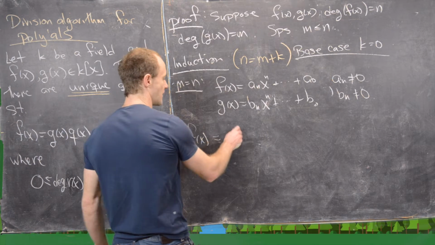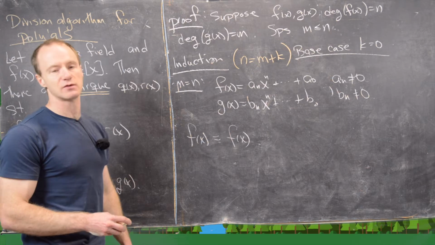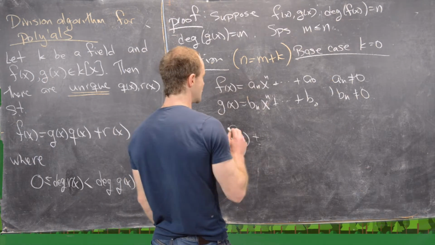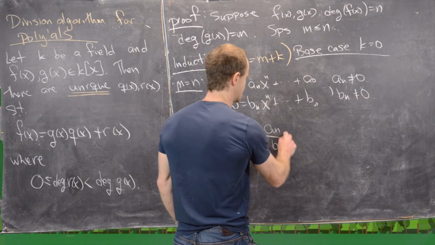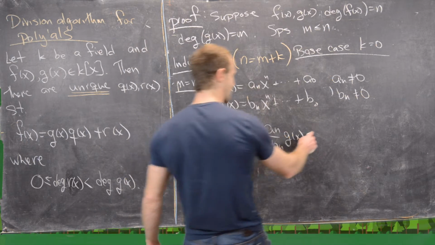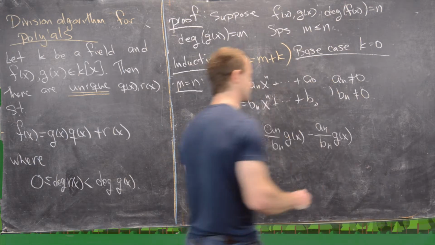And so the way to maybe do this cleanly is just to start with f of x equals f of x, and then we're going to add and subtract the same thing. So here we'll add in a_n over b_n times g of x, and then we're going to subtract a_n over b_n times g of x.